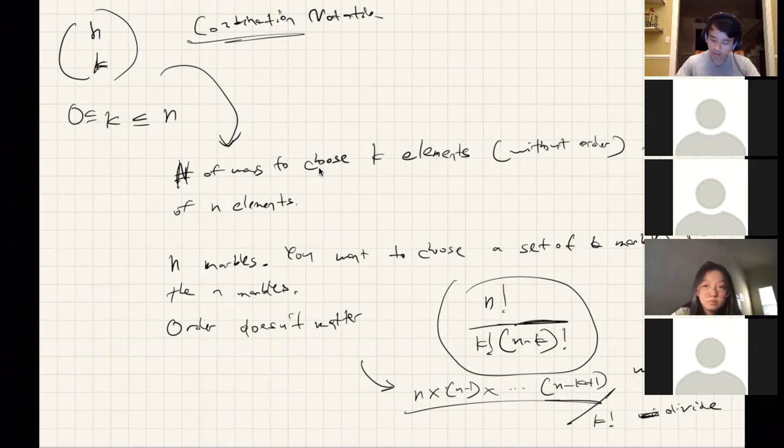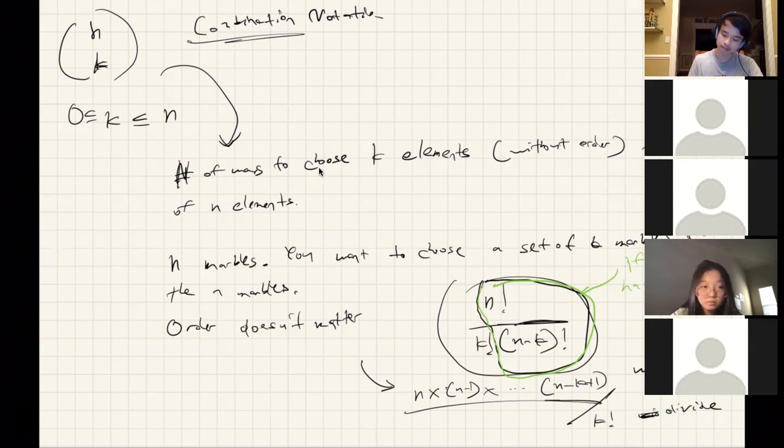The way I like to think about this formula is that this component is all about if we still had order mattering.